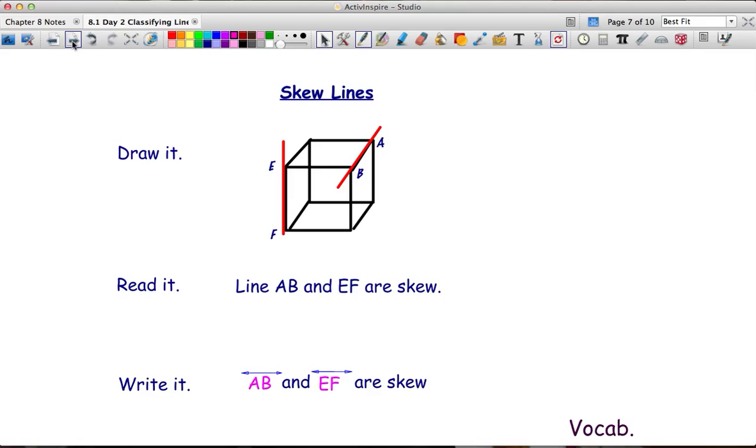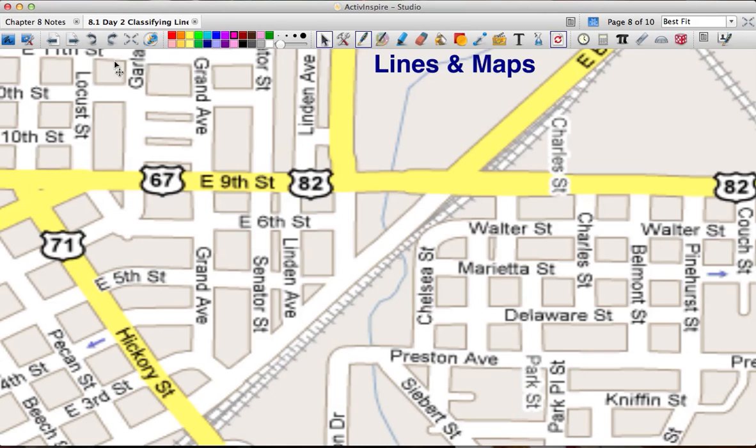Now, a lot of times students ask why this is important. When you look at a map, if your friend tells you that she lives on Grand Avenue, we'll say her house is on the corner, and she tells you that Senator Street runs parallel to Grand Avenue.